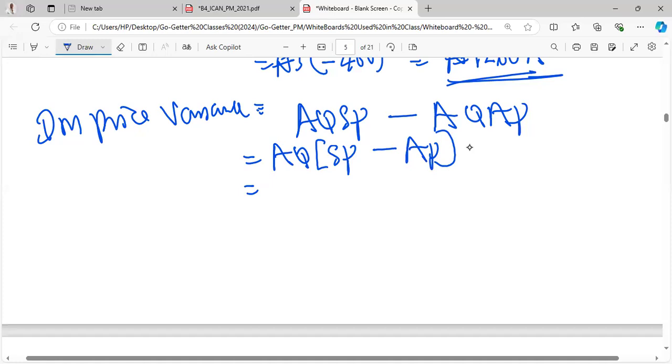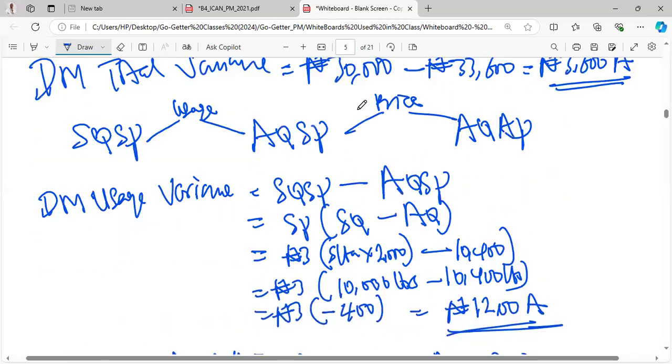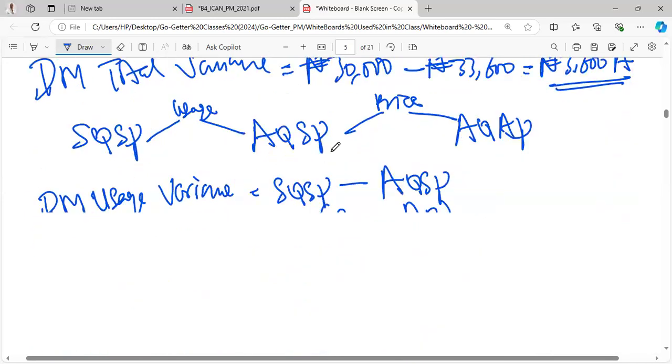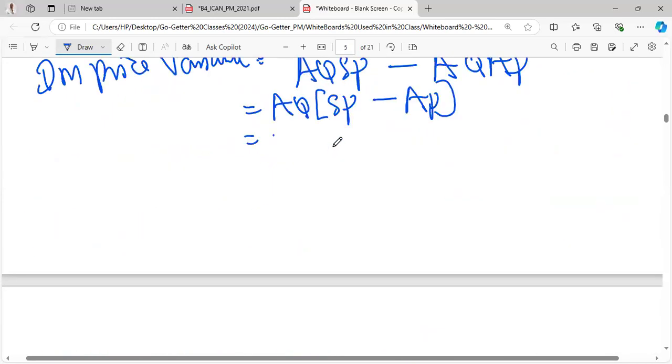So actual quantity here is 200 units. No, actual quantity is not the unit, sorry. Actual quantity here is 10,400 liters. What is the standard price for 1 liter?